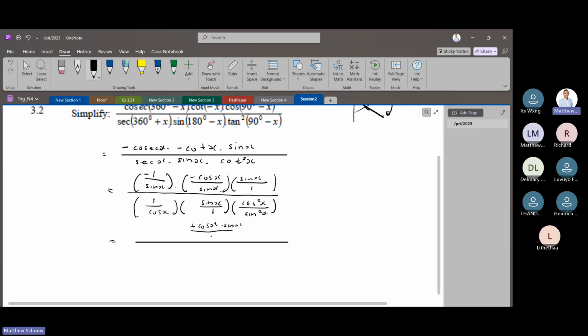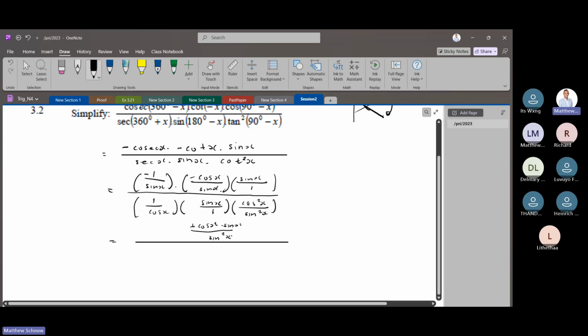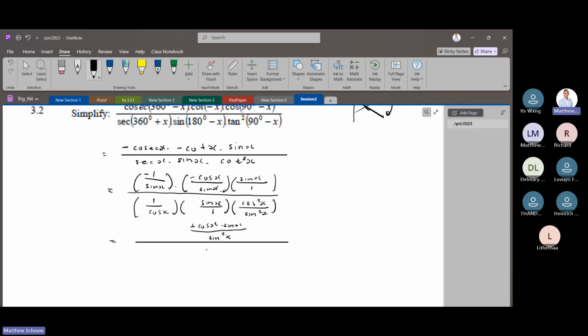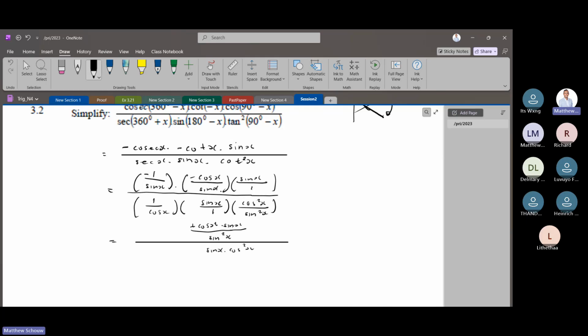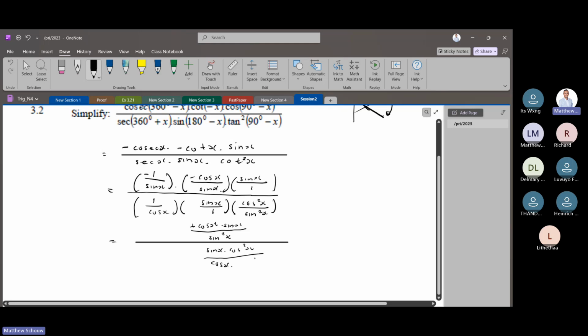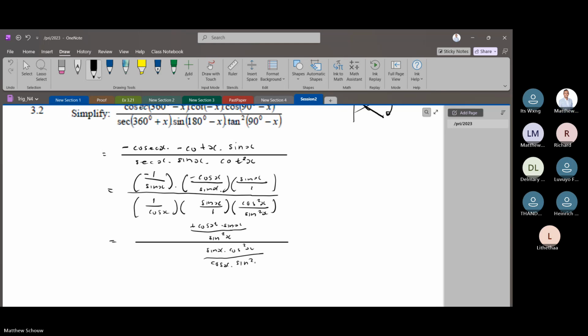The bottom, we're going to have sine squared x. Then we do exactly the same at the bottom: sine x times cos squared x. Then we multiply the bottom as well, and that's going to be cos x times 1 times sine squared x.